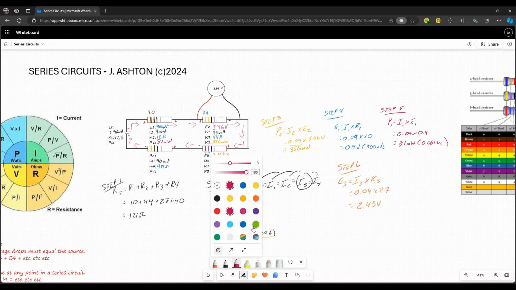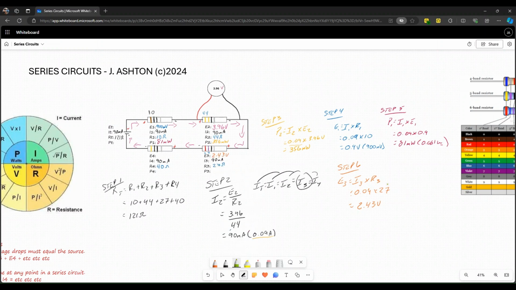Let's go with a green. Step 7. So power at resistor 3 equals the current going through it times the voltage drop across that resistor. 0.09 times 2.43.